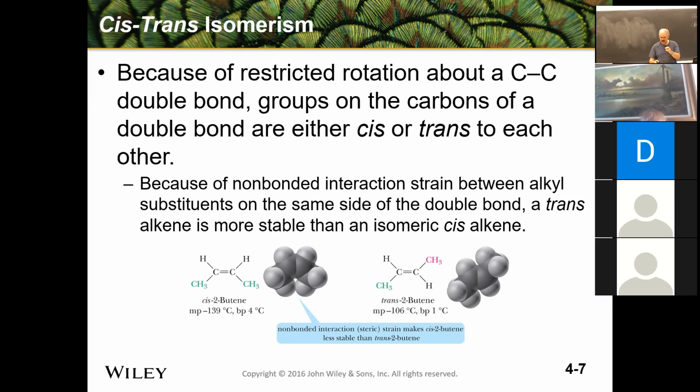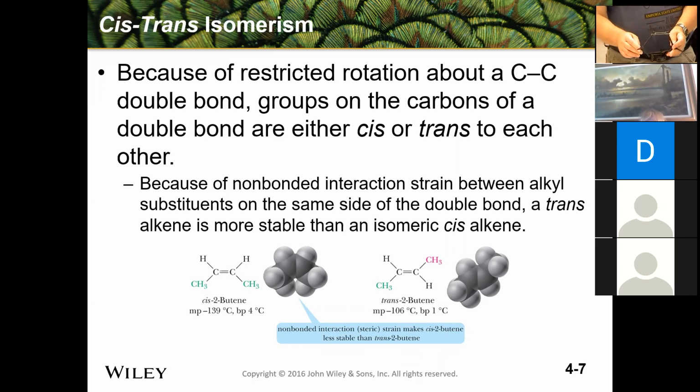This is cis 2-butene. I'll see if I can zoom in. Okay, so here is cis 2-butene.